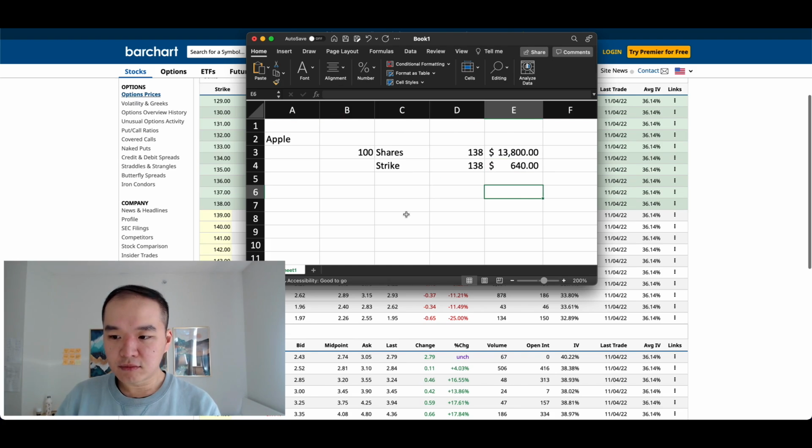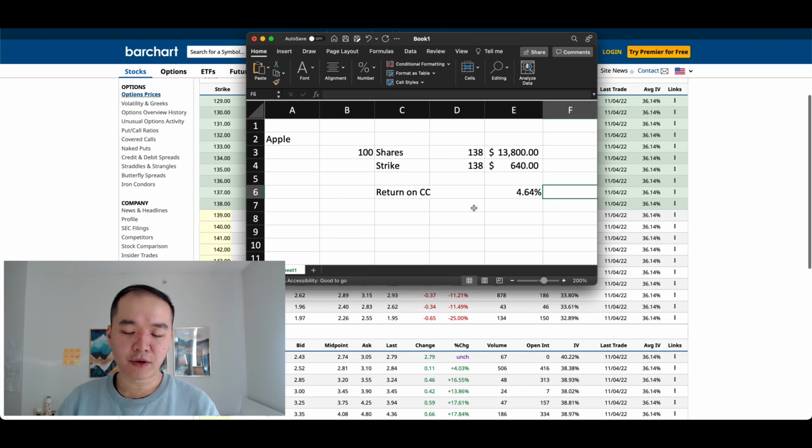If you calculate the return on this covered call, CC, then it's approximately 4.6%, and it's rounded to 5% by Excel, in around 30 days.